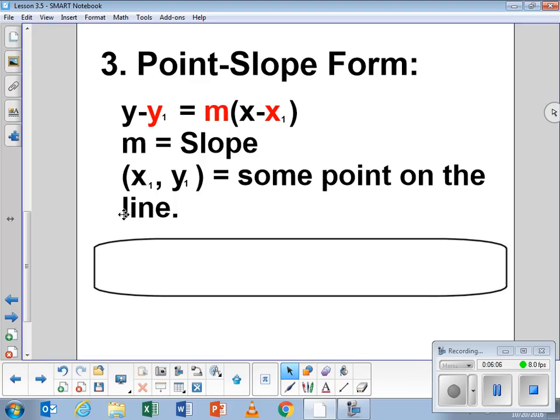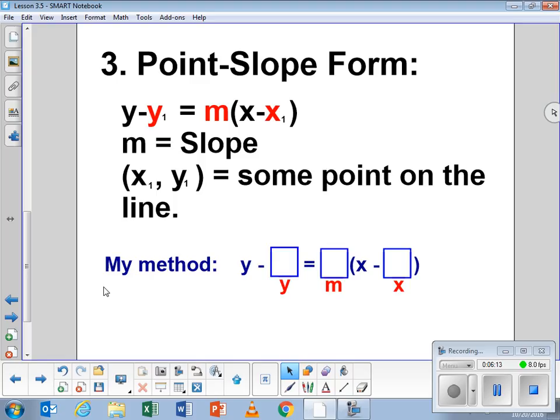Okay? Now, I write this a little differently. This is the way the book does it. This is the way I write it. I put boxes. When I write it down, I say y minus box equals box times x minus box. And then I have to remember that I'm looking for an x and a y and an m in those three boxes.